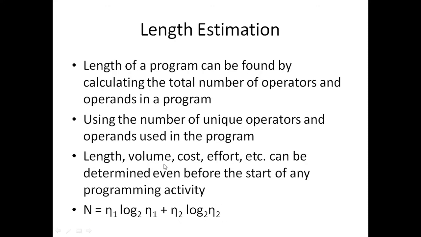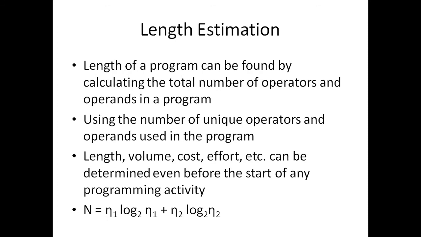So length, volume, cost, effort, everything can be determined even before the start of the programming activity. In Halstead software estimation, all these things can be estimated at the initial stage. Even so, Halstead estimation is good for calculating the maintenance effort, because maintenance happens after coding, when everything is done.